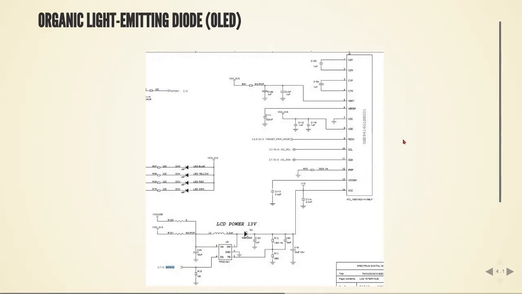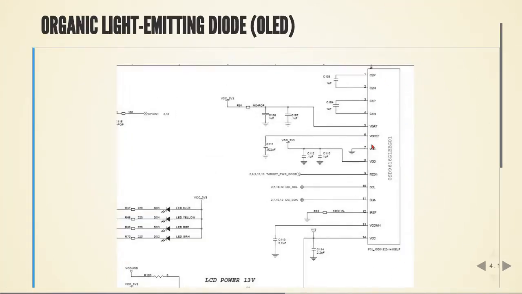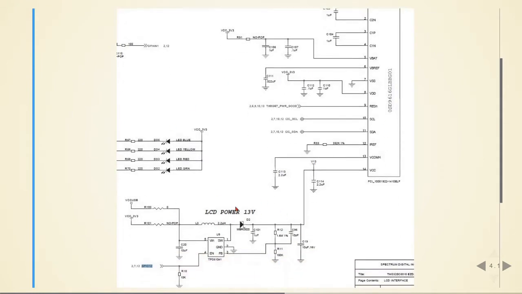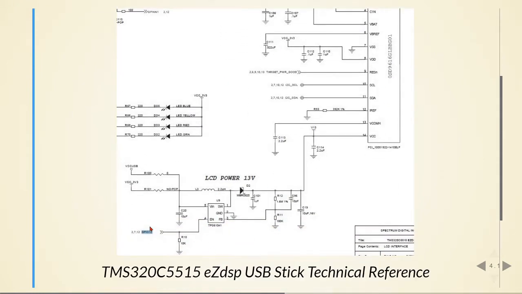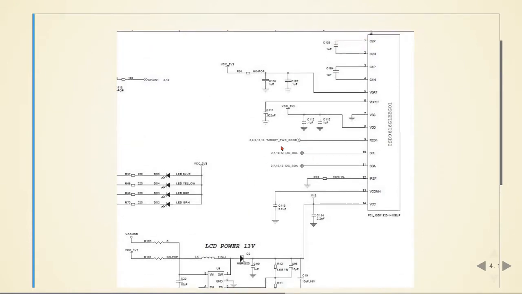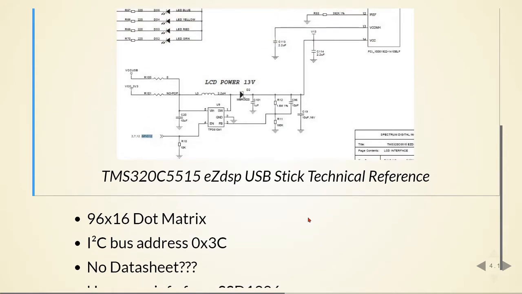We can see here in the schematics that we have the OLED, the OSD9616 model, and a power circuit enabled by GPIO 12 from the microprocessor, and then we also have communication over the I2C bus. It's a 96 by 16 dot matrix. We are using the I2C bus address 0x3C. You'll find this in the datasheet of the eZDSP.